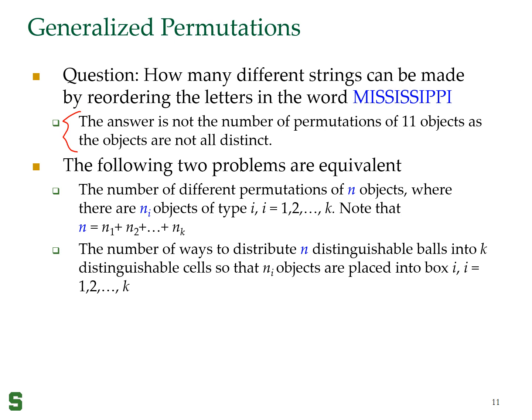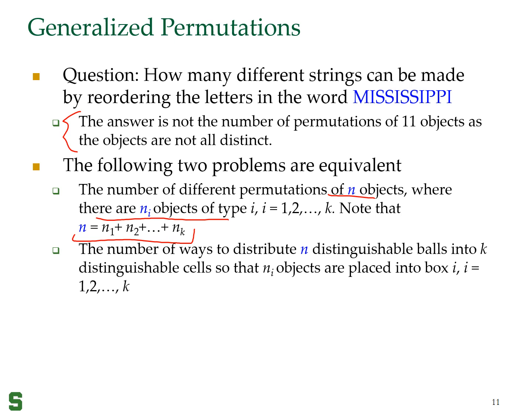So the number of different permutations of n objects where we have ni objects of type i. That means we have n1 objects of type 1 and n2 objects of type 2, and based on the fact that we have a total of n objects, that means n is equal to the sum of those n1 plus n2 plus n3 etc.